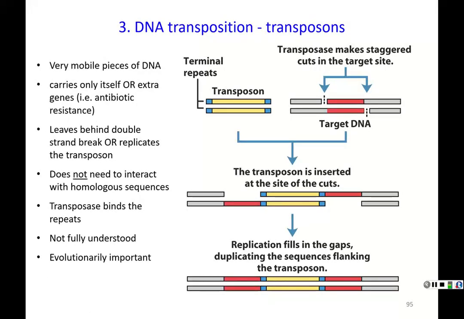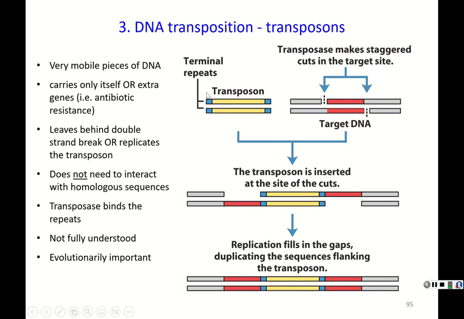All right, and the final method of recombination is DNA transposition, and this is where the transposons come into effect that we mentioned last lecture. Right, these are very mobile pieces of DNA. And they carry themselves, or they can also carry some copies of genes.